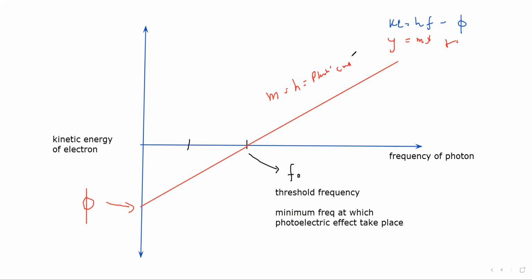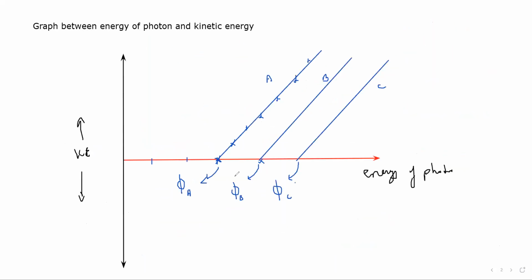So the graph between the frequency and kinetic energy is more useful. It is identical in shape to the graph of the energy of a photon and the kinetic energy of an electron, as you can clearly see.